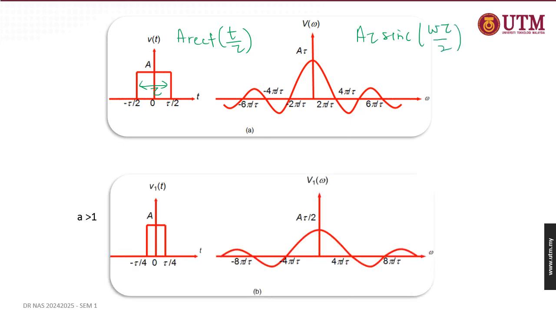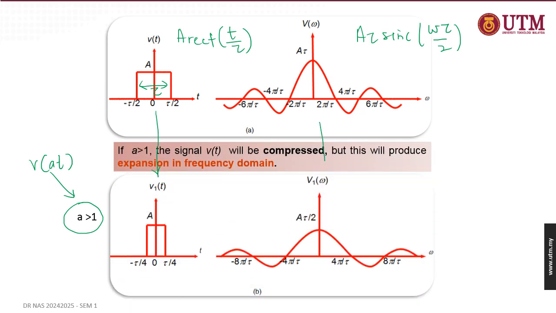What happens if you have a scaling factor a larger than 1 in t, for example v(at)? By theory, the signal will be compressed in t, but it will be expanded in frequency. So this signal, the original, becomes, as you can see, expanded in frequency from the original.